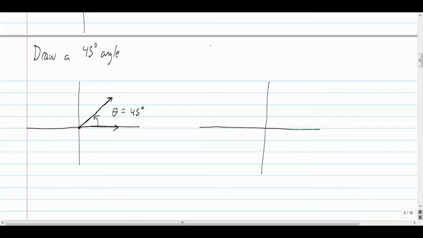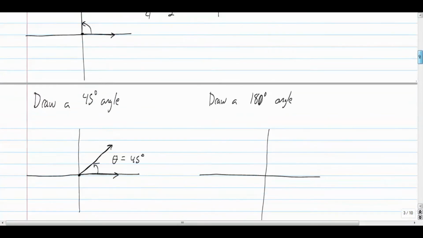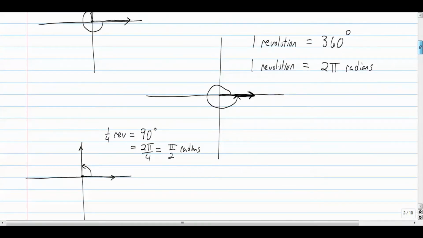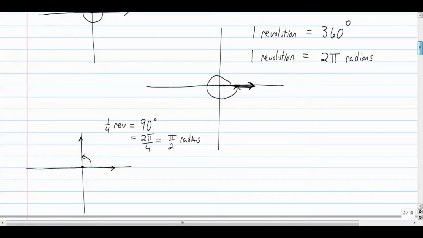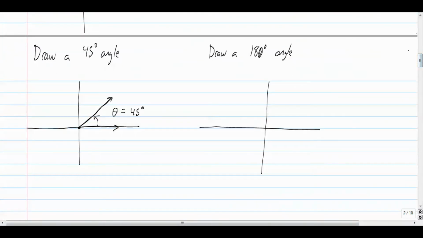Now, what if I wanted to draw a 180 degree angle? So first, let's think about what we know. We know that one revolution is 360 degrees. 180 degrees is half of that, right? So that means it's half of a revolution.